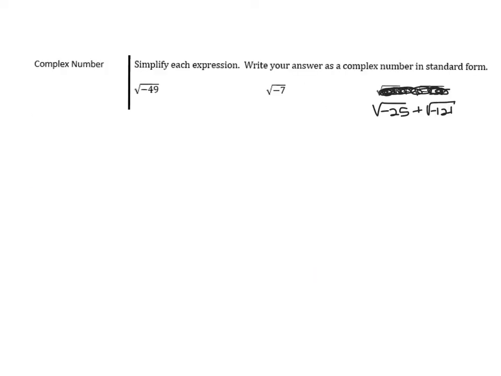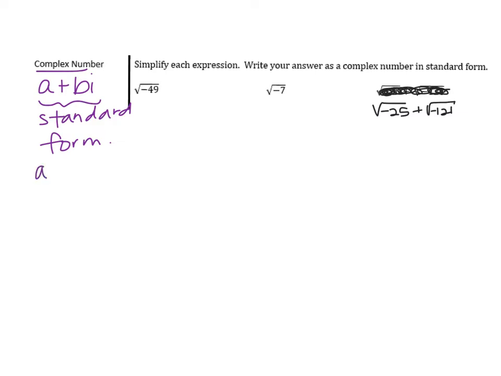Looking at simplifying with that i symbol, we have what's called a complex number. And a complex number is of the form a plus bi. This is known as the standard form for a complex number. Notice with i in there, that indicates that that would be the imaginary part of the solution.